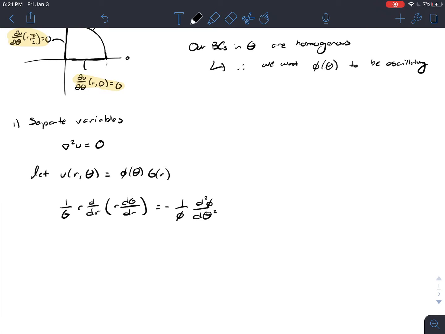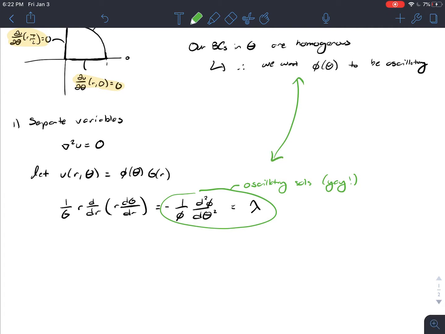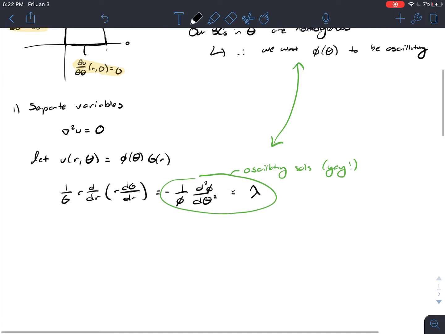With just this conclusion, we can decide what we want our value of the separation constant to be. We want it to be positive in order to satisfy the right-hand side of this equation. The circle in green is the equation for phi, and if we solve this out, we're going to get solutions that are oscillatory. Cool.